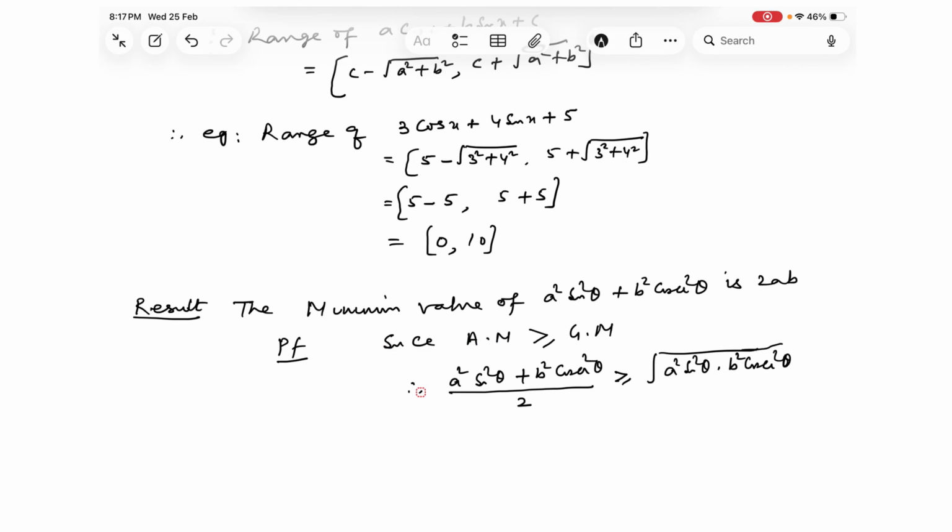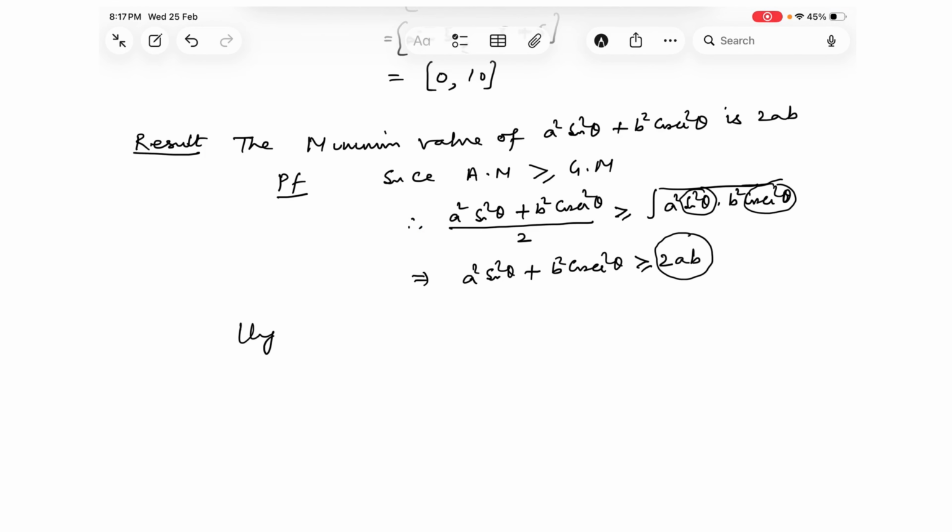So if arithmetic mean is greater than or equal to geometric mean, it implies a square sin square theta plus b square cosecant square theta is greater than or equal to, cross multiplying, 2 root of a square b square sin square theta cosecant square theta. When multiplied, sin square theta cosecant square theta becomes 1, and root of a square b square becomes ab. Therefore, the minimum value becomes 2ab. Minimum value is 2ab.